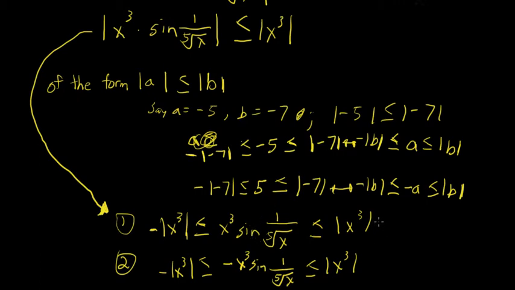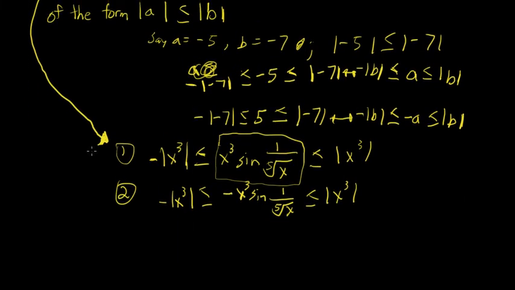But what limit are we interested in finding here? We're interested in finding the limit as x tends to 0 of this boxed quantity here. So this is the compound inequality that we'll be working with. So what do we do with the squeeze theorem?